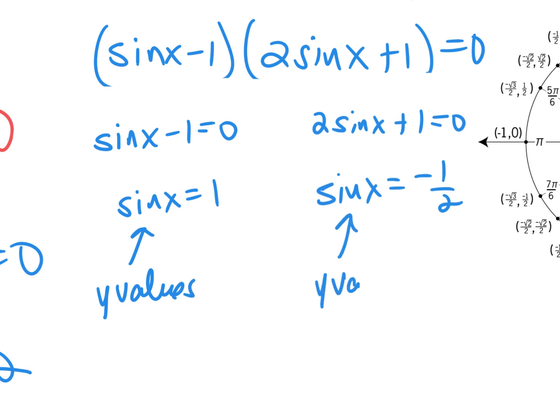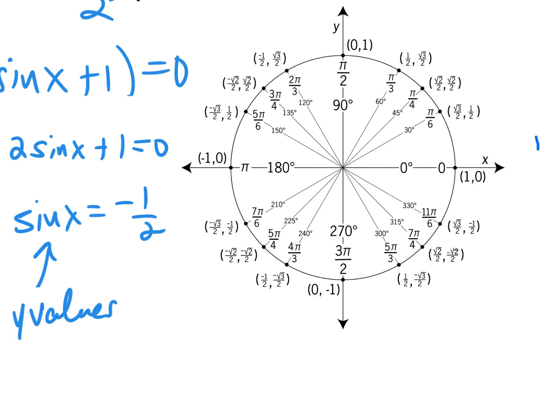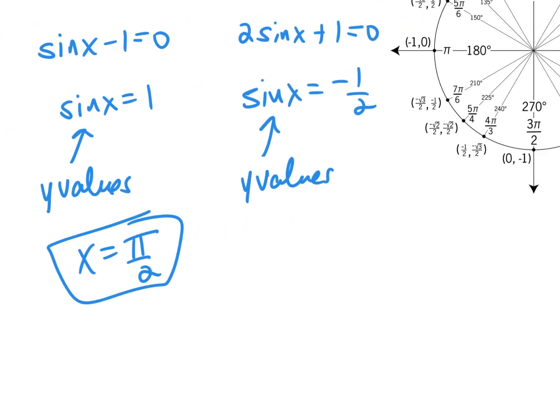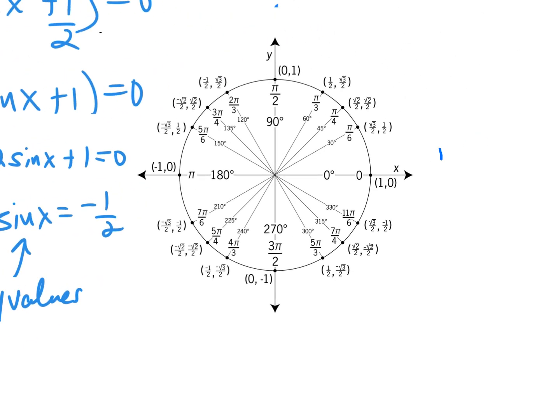So in this case, we're going to have a couple different answers. That's fine. So where on the unit circle is your y value positive 1? Pi over 2. Perfect. So this one is x equals pi over 2. The second solution is where are the y values negative 1/2? 7 pi over 6 and 11 pi over 6.